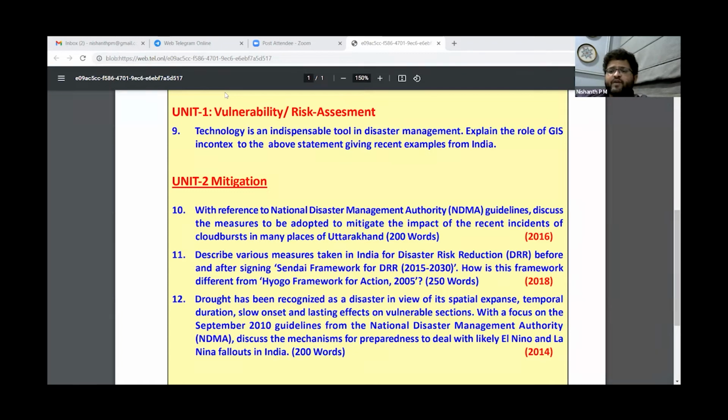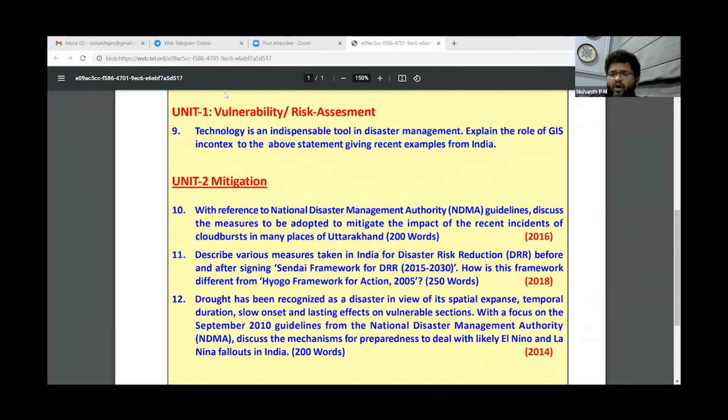But the Sendai framework is more proactive with regard to its PMRR approach, that is prevention, mitigation, response, and recovery. So the Sendai framework is more proactive in approach when compared to the Hyogo framework. The Hyogo framework is mainly about risk identification and other parts, while the Sendai framework comes before that, with prevention, mitigation, and so on.